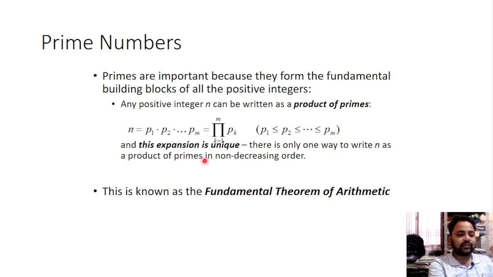And this expansion is unique. There is only one way to write n as a product of primes in non-decreasing order. Here it should be in non-decreasing order, like p1 less than or equal to p2 less than or equal to p3 and so on. This is known as the fundamental theorem of arithmetic.